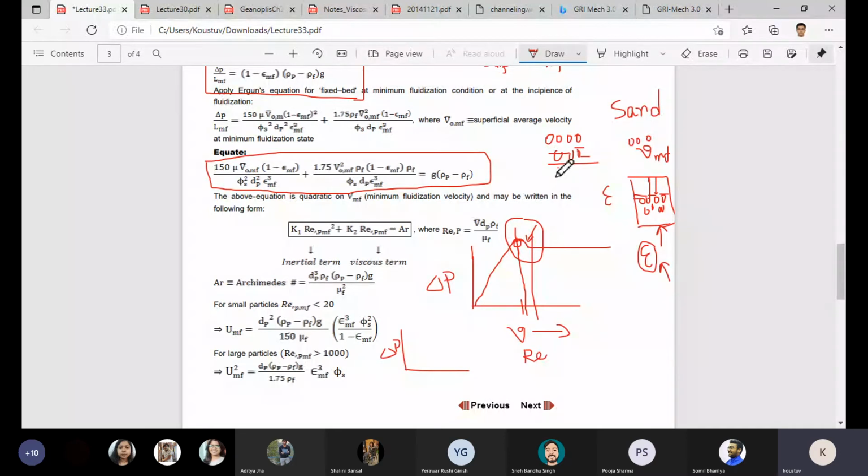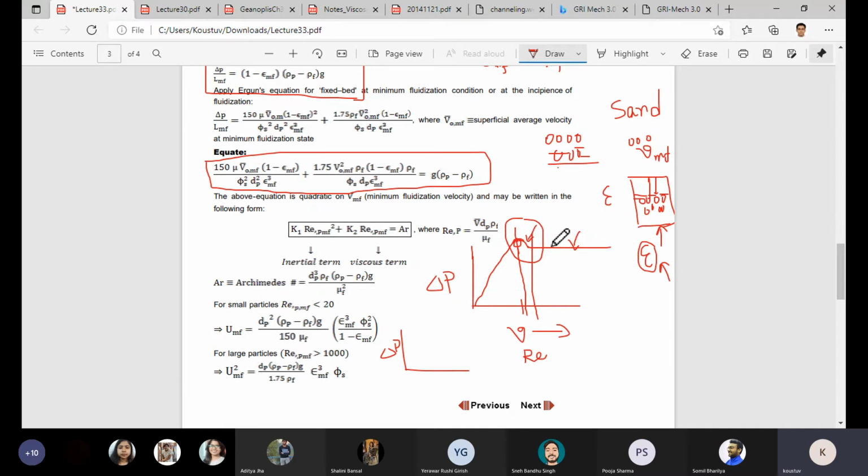The bed is behaving as under fluidized conditions, and then delta P is no longer changing. So that part is very important to understand: initially the bed pressure drop was there. As the velocity increases, the bed was static or fixed. During fluidization, the first layer of particles begins to move.